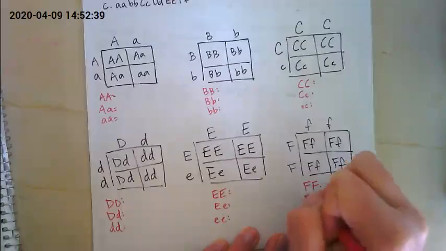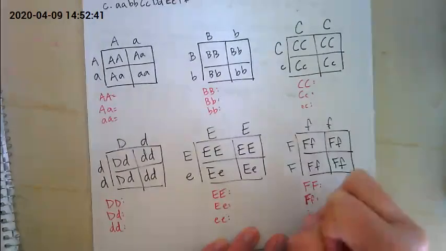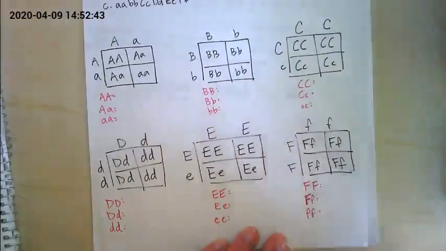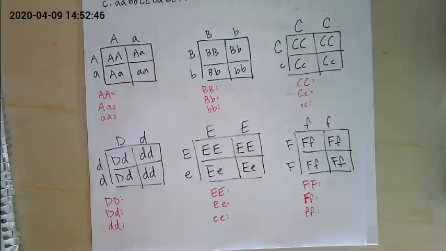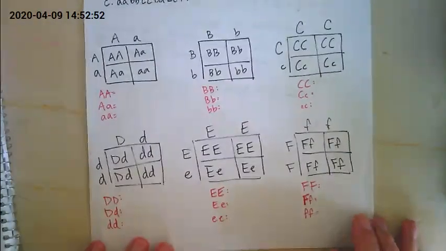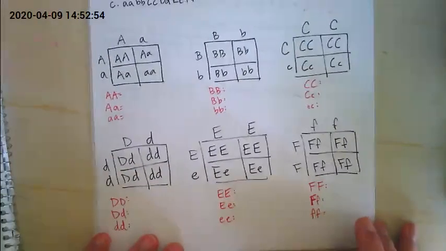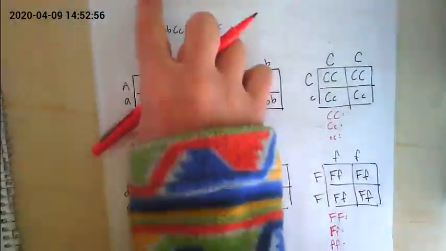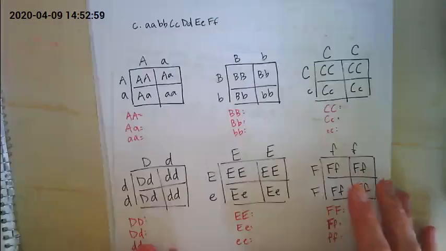What am I doing? Whoops. I'm too excited about drawing a lowercase f there. Okay. All right, so let's do the genotype frequencies, and then we can come back up here and look at the offspring to determine what the odds of having those children are.